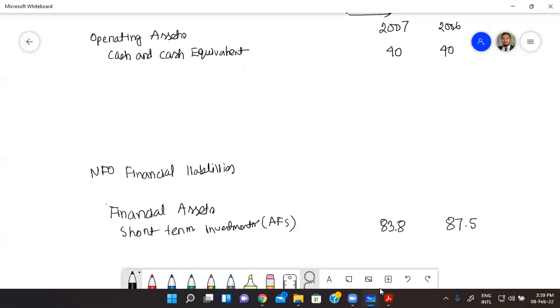As we have got the information for long-term investment available for sale, we can write it now. We can also write this one together, as we have got the same information for long-term investment available for sale.